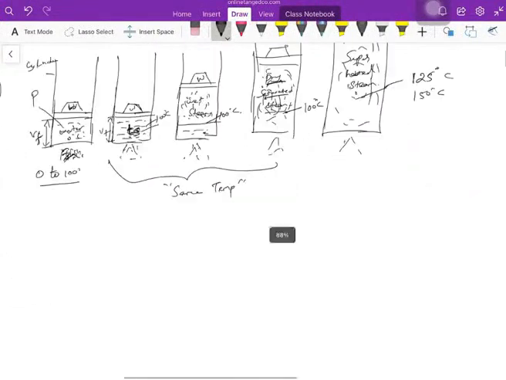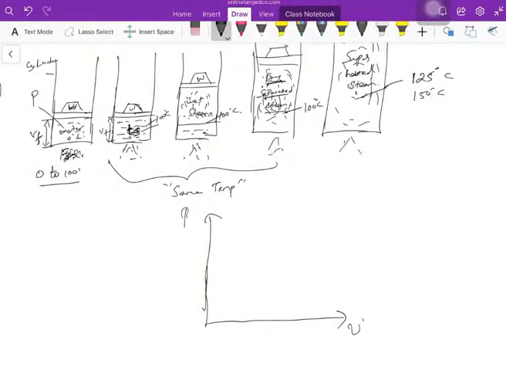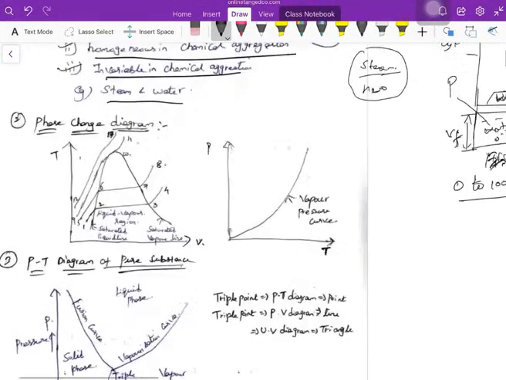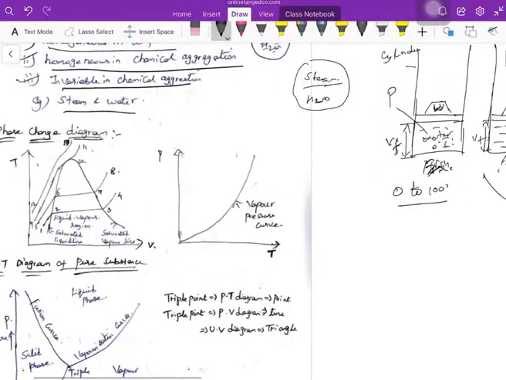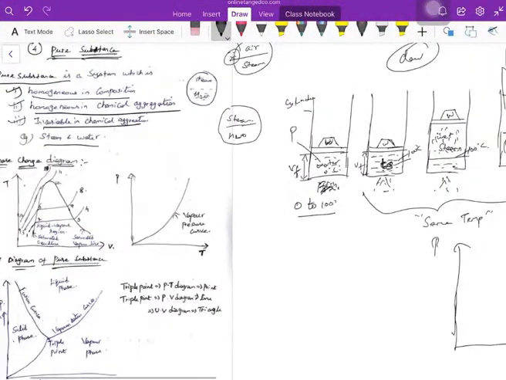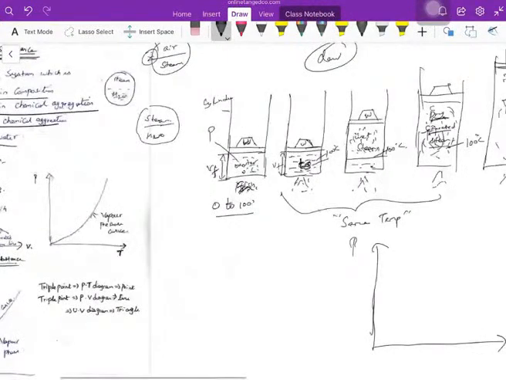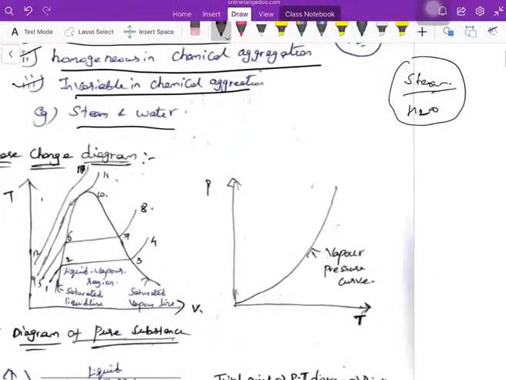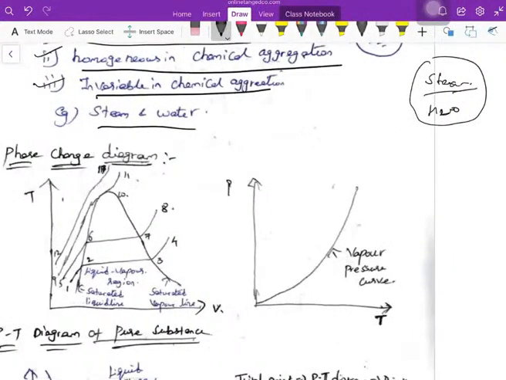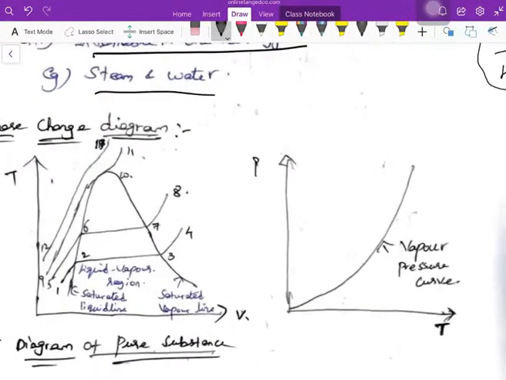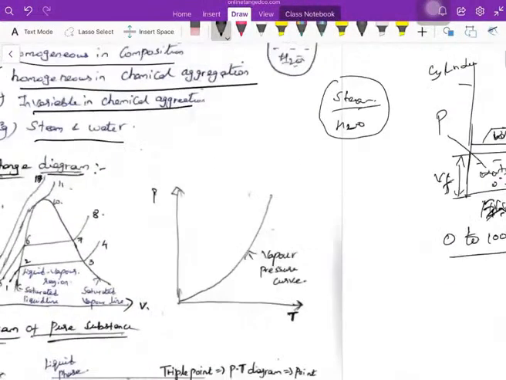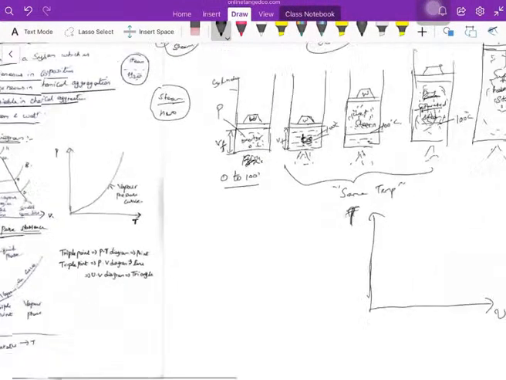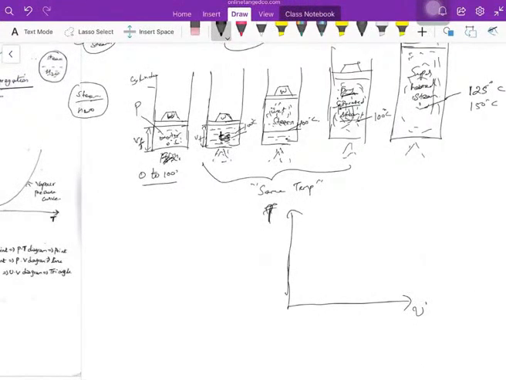So if I plot this for a constant pressure, I plot this PV diagram, that's what I plotted here. If you see, initially at every point, like 1, 2, 3, 4, at a particular pressure, for a low pressure, what will happen?